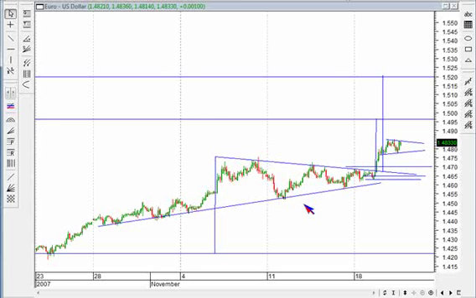If it's in an uptrend and it breaks out above the resistance level, I don't really care whether that was the resistance level for a pennant or for a flag. Some may get pretty close and you're looking at them and saying, are the support and resistance lines really converging that much, or are they almost parallel? Really, it won't matter too much in your trading as long as you get the breakout above the resistance if the previous trend was an uptrend, or below support if the previous trend was a downtrend.